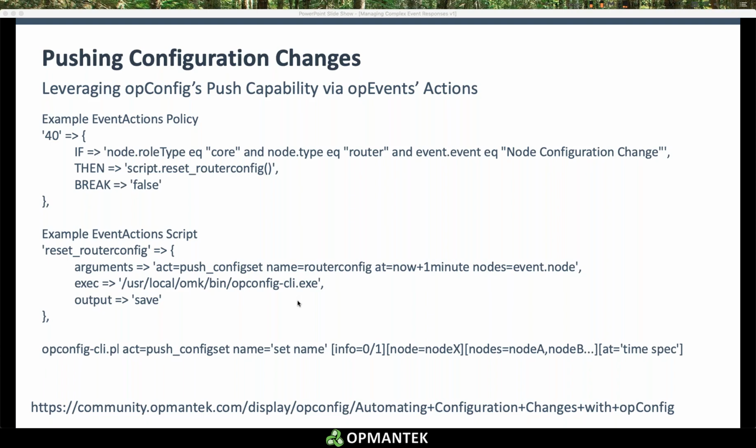So you have a config set that's been saved in opConfig. You're going to push it back out to that device. So now you've taken several different bricks and snapped them all together and created something bigger than the sum of their individual parts. And again, that whole routine can just be one piece of a much larger complex adaptive system.